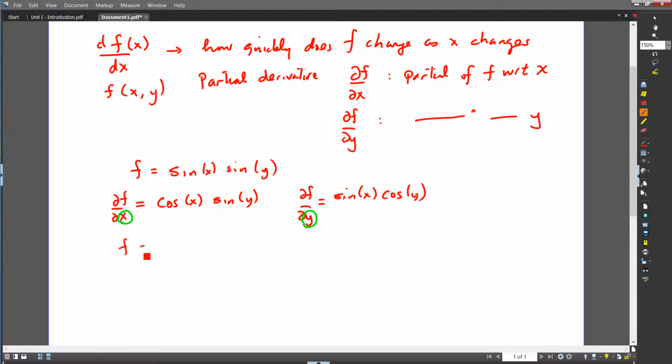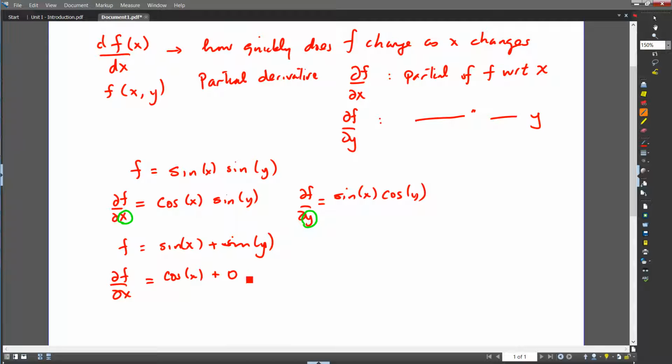Suppose that I had f is equal to sine x plus sine y. Well, in this case, df dx is going to be what? I get a cos x term from that first part, but now remember that this sine y term here is constant effectively, right? When I do df dx, and so what's the derivative of a constant? It's just 0.